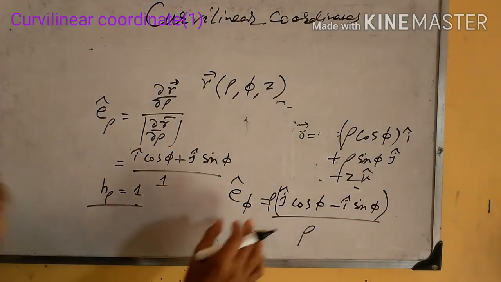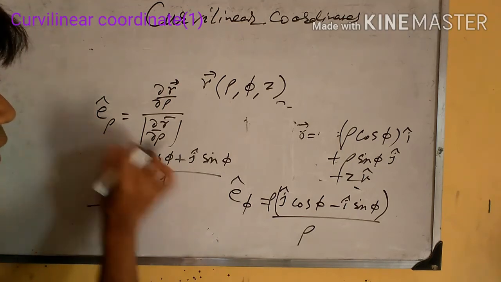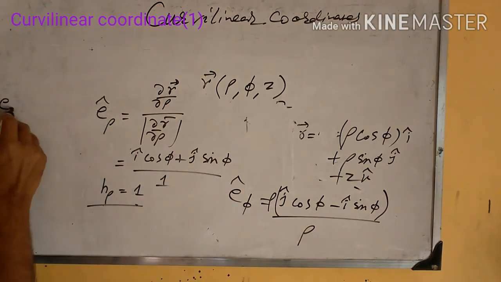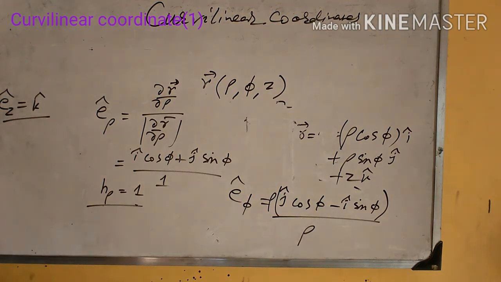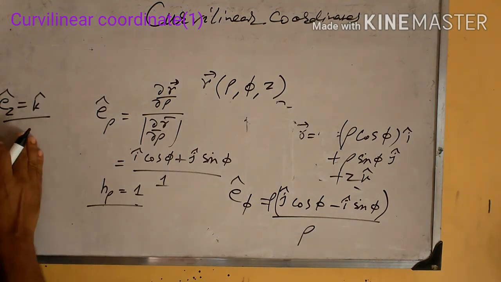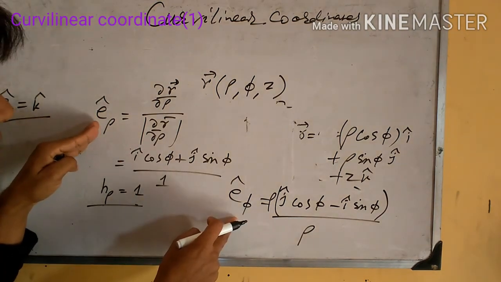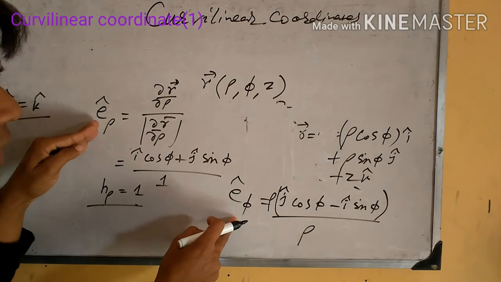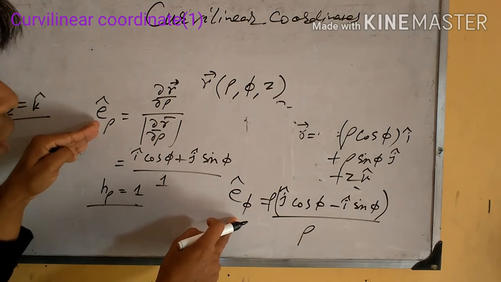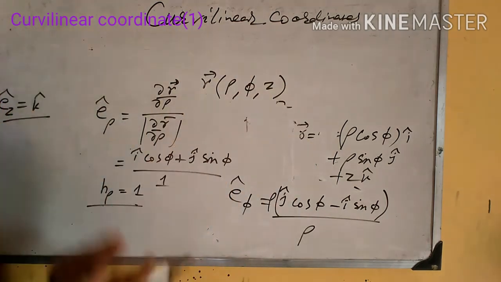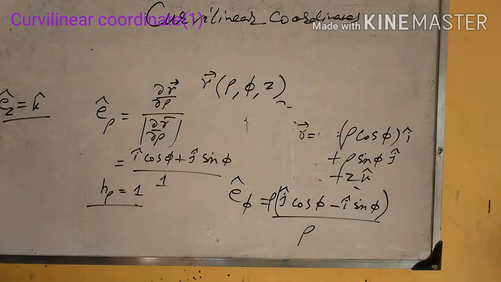In this way we can find E rho, E phi, and Ez will simply be k hat. If we now take a dot product of each pair of the basis vectors, we get 0 for each pair. So the cylindrical coordinate system is an orthogonal curvilinear system.